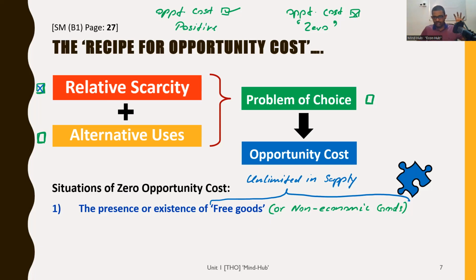If relative scarcity is not there, opportunity cost cannot be there. Is that clear? Relatively scarce resources with alternative uses leading to a problem of choice creates opportunity cost. When you remove scarcity, when the resources are unlimited, you don't need to make choices. You can use all the alternatives and produce all the alternatives because you have enough resources. So there is no choice, there is no opportunity cost. Why is there no choice here? It's because the supply is unlimited.